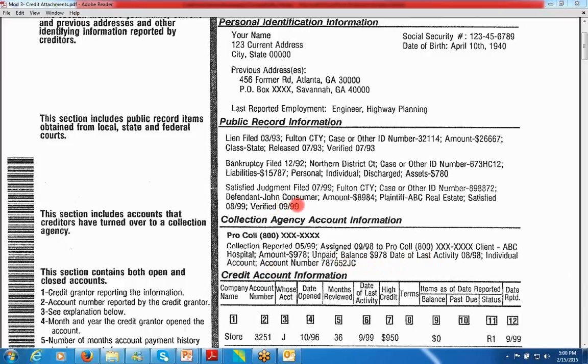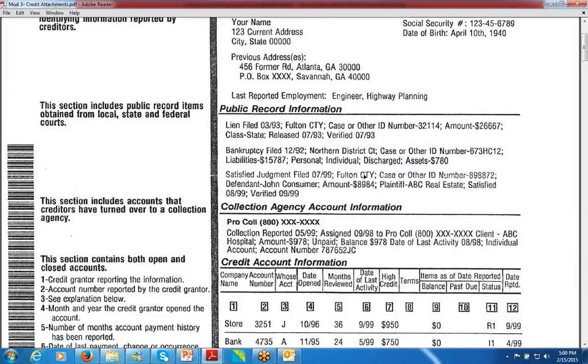Same thing with the judgments. It shows when it was filed, where it was filed, case number, defendant, and the amount and dates. Bankruptcies, same things, how much assets were charged off, liabilities, right there on the credit report for the world to see. So you really want to manage these issues because they do not just go away on their own.